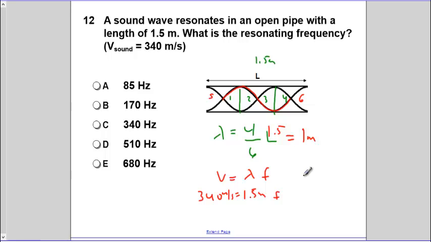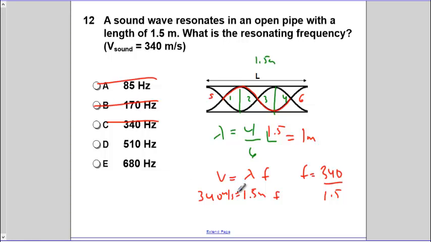The frequency will be 340 divided by 1.5, so it's going to be higher than all of these values. We'll get rid of that. And if you get your calculator out and do 340 divided by 1.5, it's going to give you a value. Ruh-roh. Let's double check this.